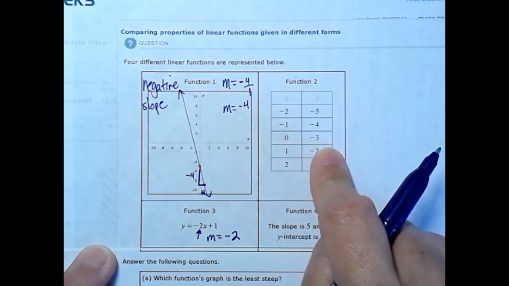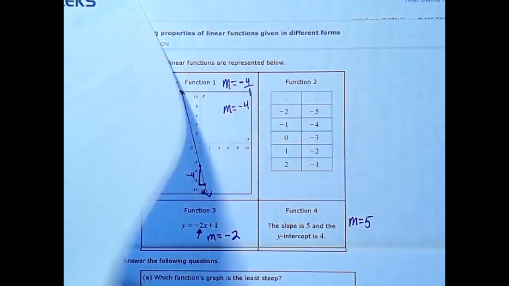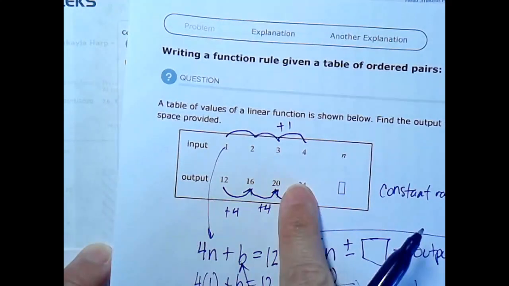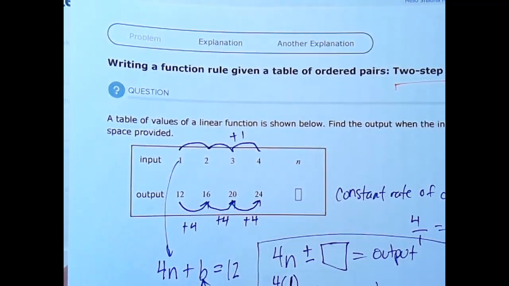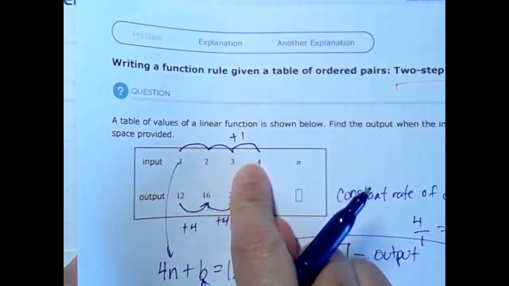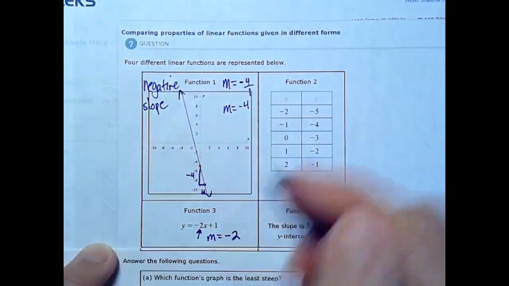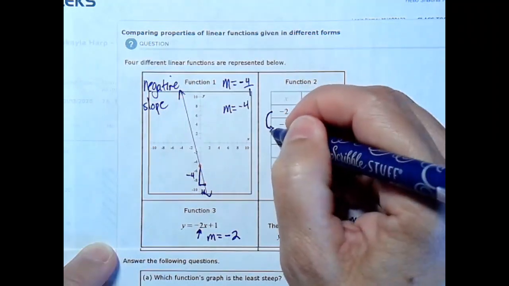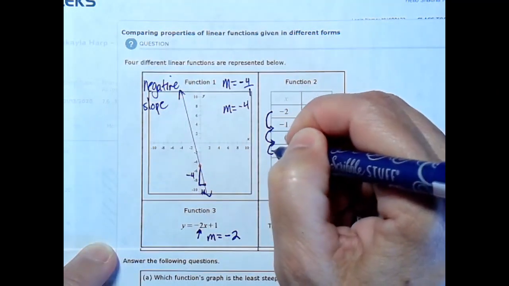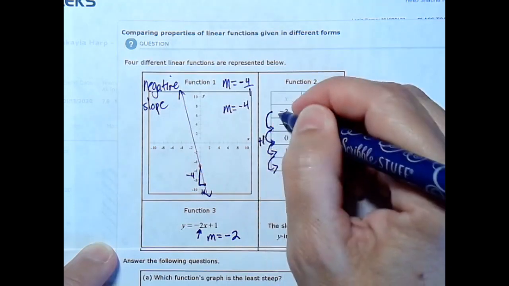And then for my function number 2, we're going to work it like we did this function table, because that's what this function table was about, constant rate of change, which is just slope. Okay, and so my input is my x's and my output is my y's. So let's come over here and see, to get from this input to this input, from here to here, my x's, you have to add 1.